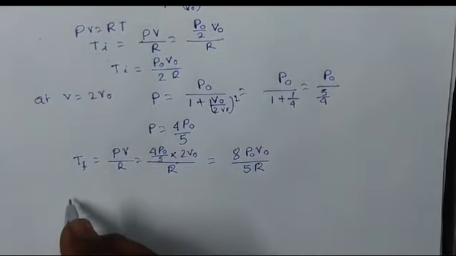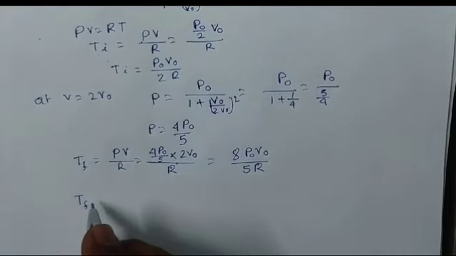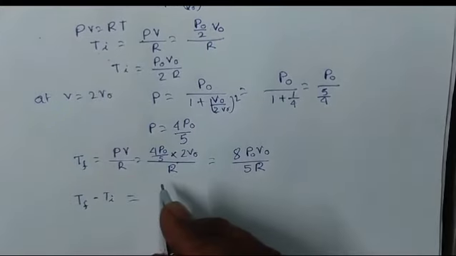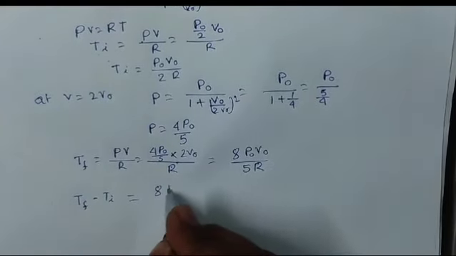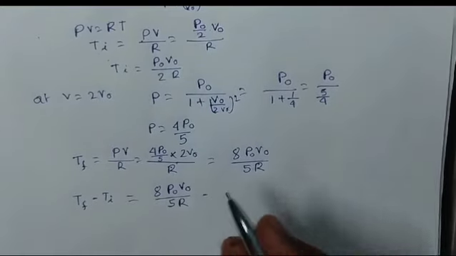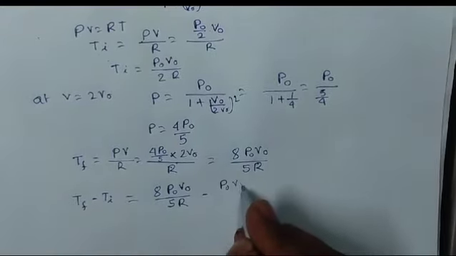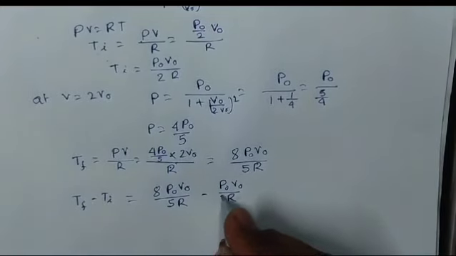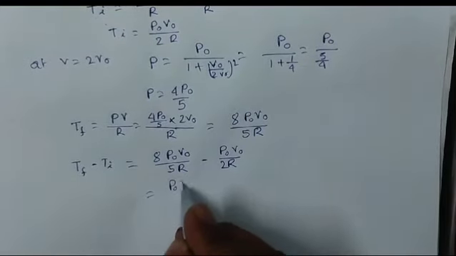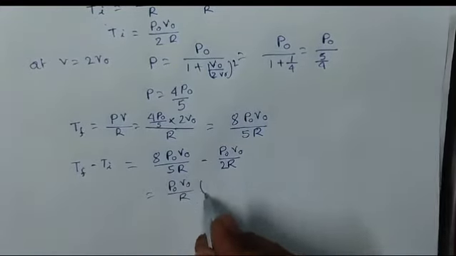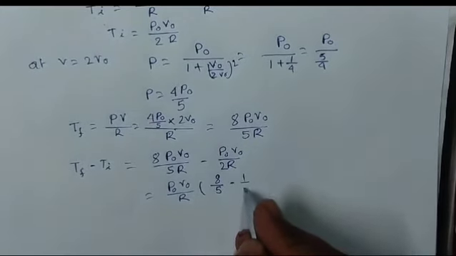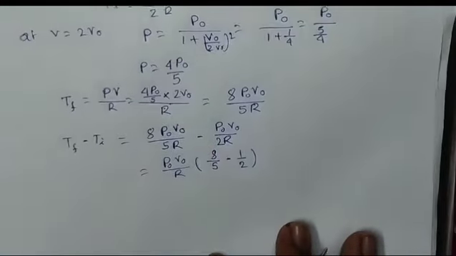So the change in temperature, this is basically TF minus Ti, is equal to 8 P0 V0 by 5R minus P0 V0 by 2R. So P0 V0 by R times 8 by 5 minus half.